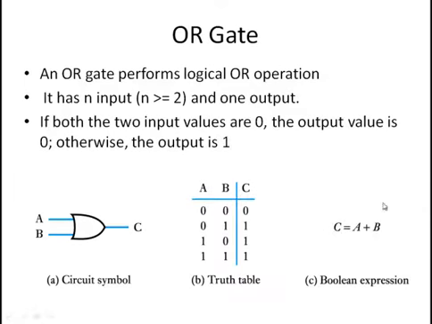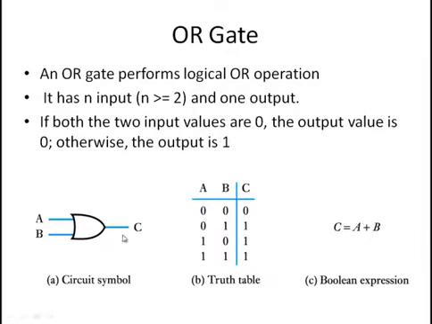This is the Boolean expression: the output will be equivalent to A plus B. Like the AND gate, the OR gate can have n inputs, where n is greater than or equal to 2, and one output. This is the symbol of the OR gate. These are the two inputs that we have considered, n is equal to 2 here.